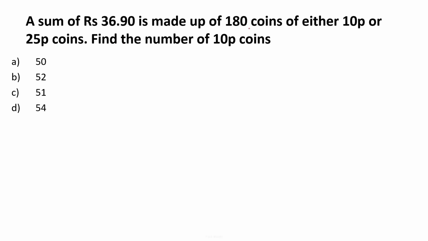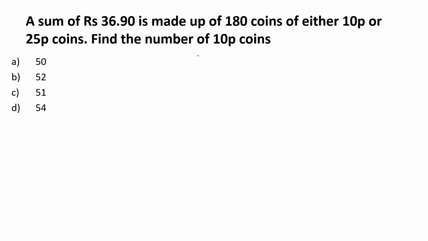Let us assume again there are only the same kind of coins. We can assume the coins are of the same kind of 10 paisa or 25 paisa. Okay, I am assuming that there are coins of the same kind of 25 paisa and there are 180 coins.